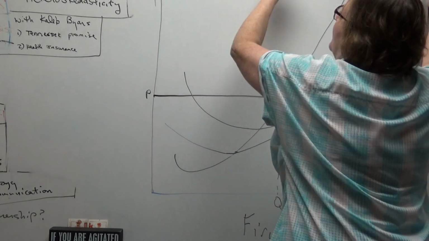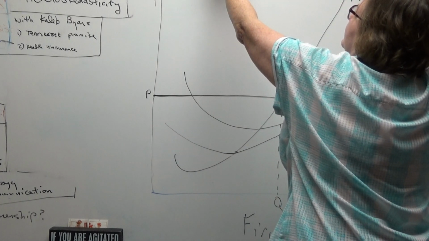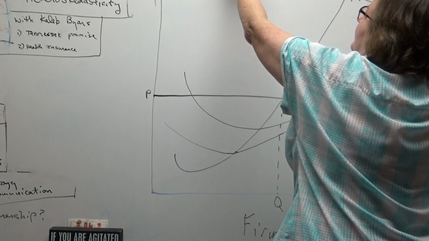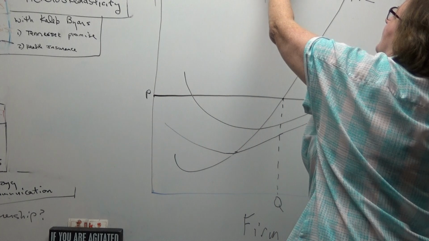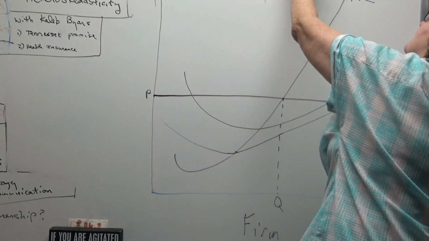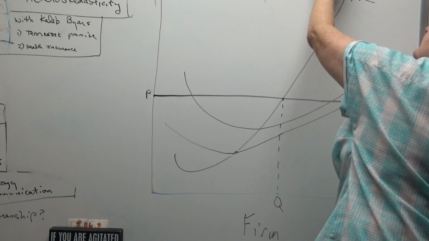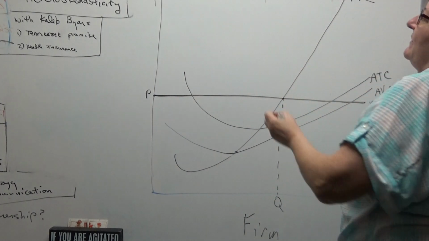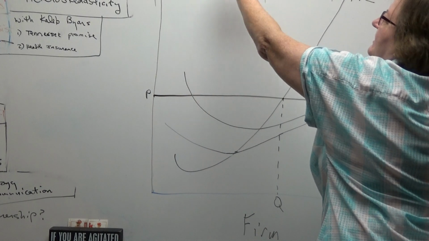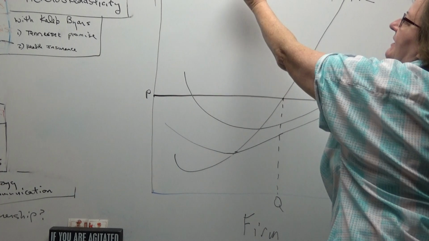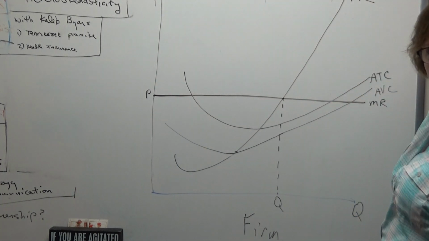And remember when we did our chart, and we had quantity, and we had fixed cost, and total variable cost, and total cost, and then average fixed cost, average variable cost, average total cost, and marginal cost. You remember that? If we had a variable cost and wanted to find an average cost, we had to take the total variable cost and divide it by the quantity.